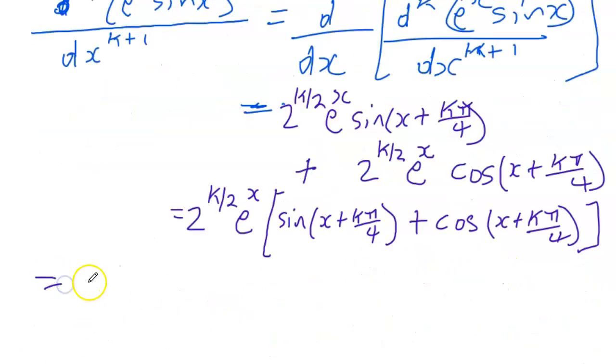And then this is 2 to the power of k over 2 e to the x.